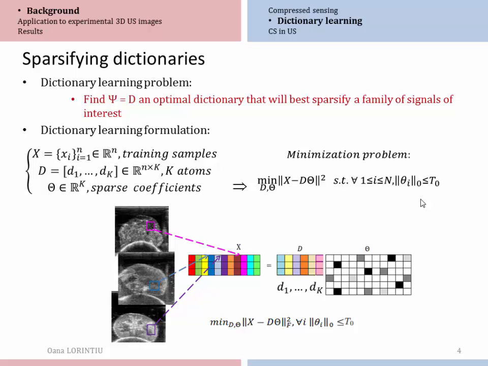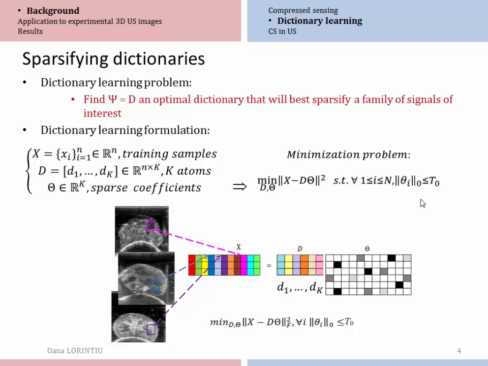This is our dictionary D composed of K atoms, where one atom is in each column. And theta is our matrix of sparse coefficients. This is a minimization problem with a sparsity constraint, where we optimize as a function of two variables, D and theta.